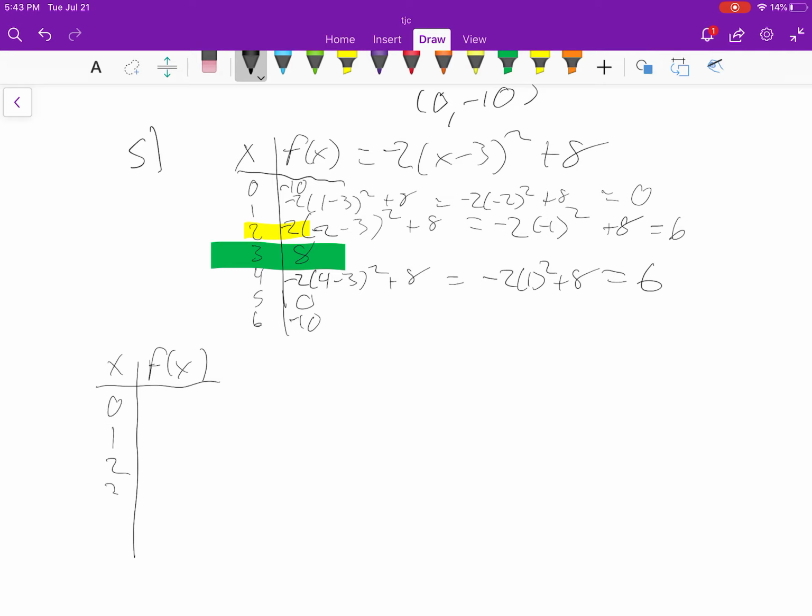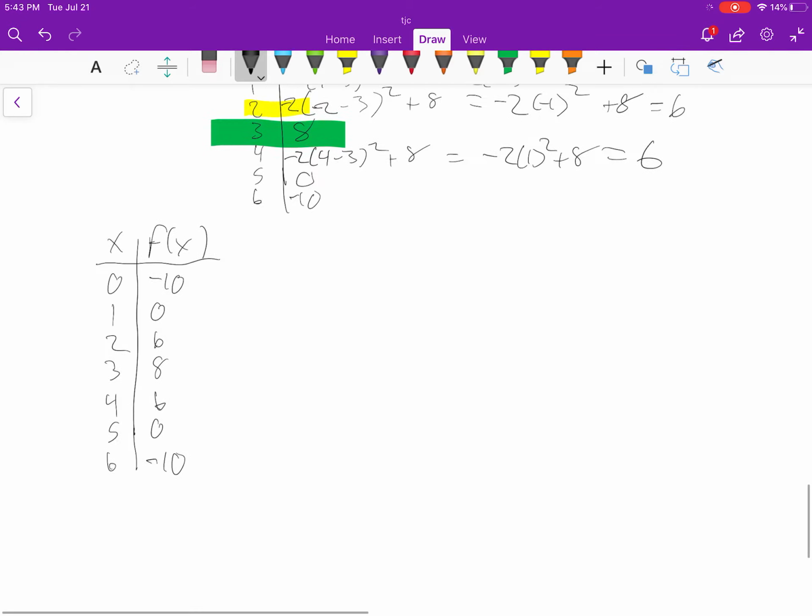So you have x values 0, 1, 2, 3, 4, 5, 6. The y values are negative 10, 0, 6, 8, 6, 0, negative 10.